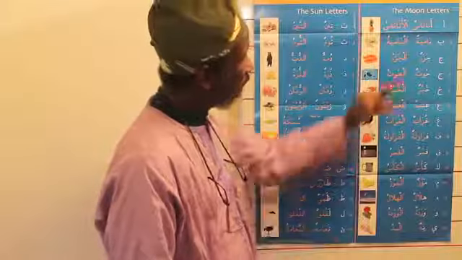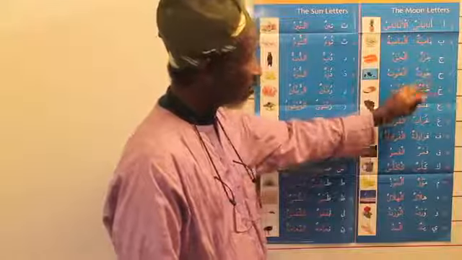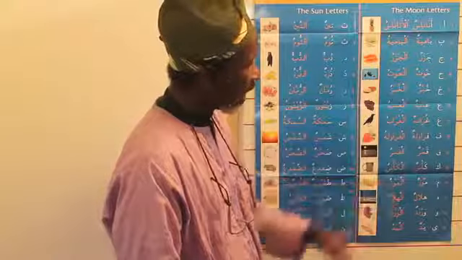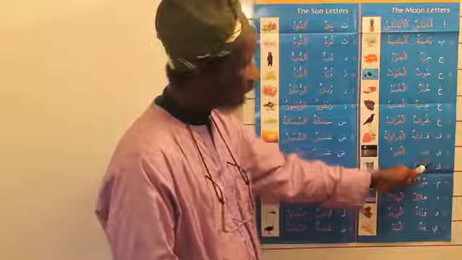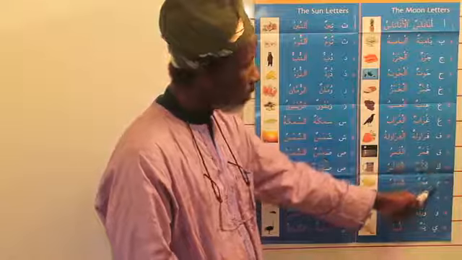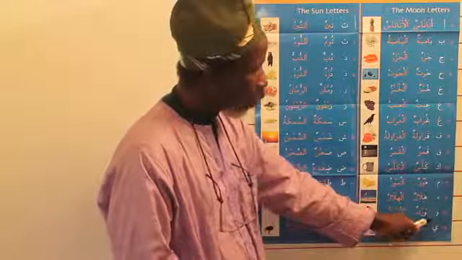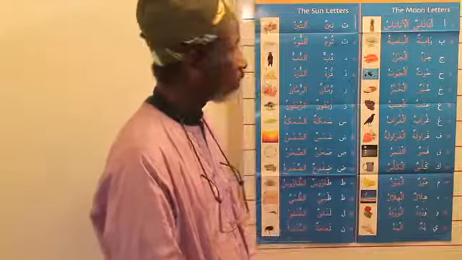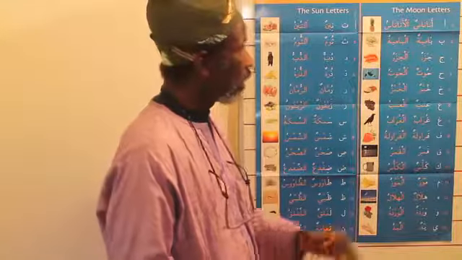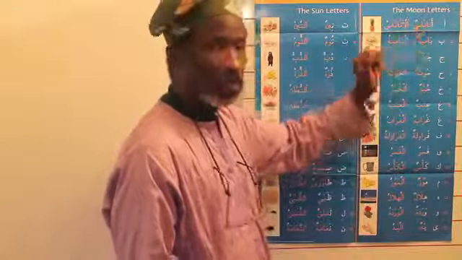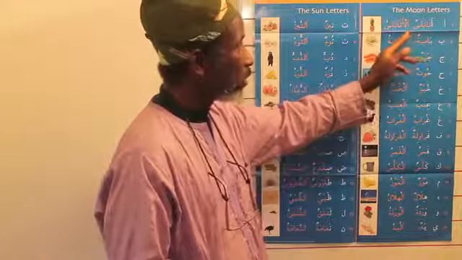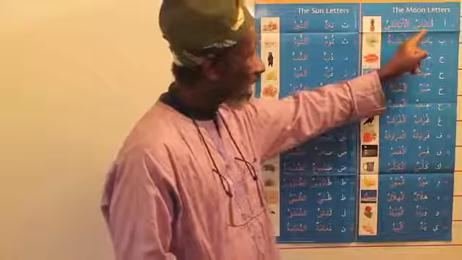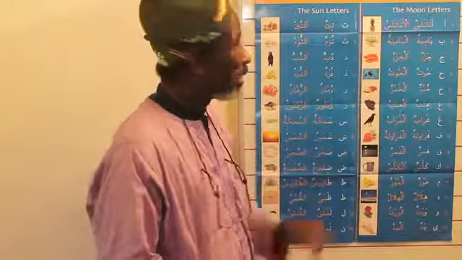The moon letters are alif, ba, jim, ha, kha, ain, ghain, fa, qa, ka, mim, ha, waw, and ya. As I've already explained earlier, ananasun, for instance, is pineapple. Now, this al is the article the.